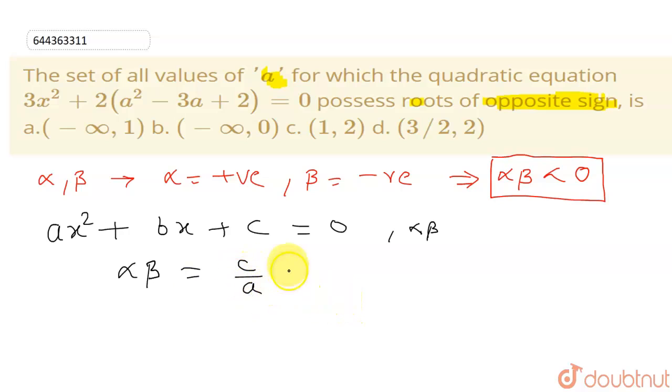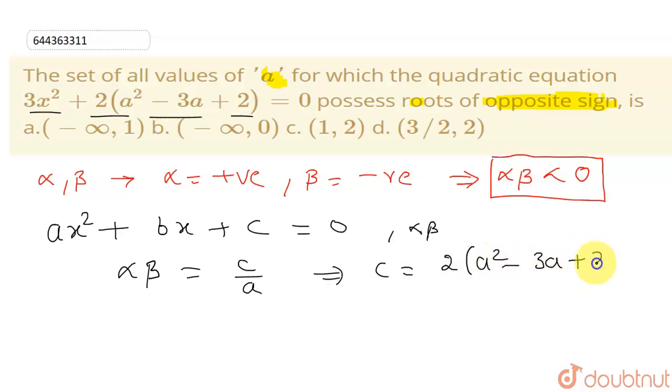So see, on comparing these two, what will be the value of c? c will be equal to 2 into a square minus 3a plus 2, and the value of a will be 3. This I get on comparing this quadratic equation with the general form.